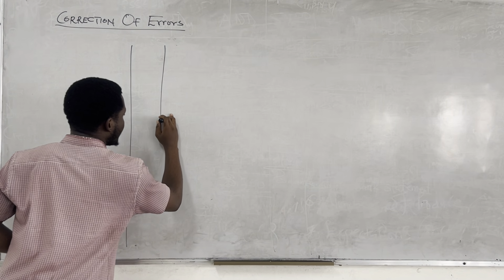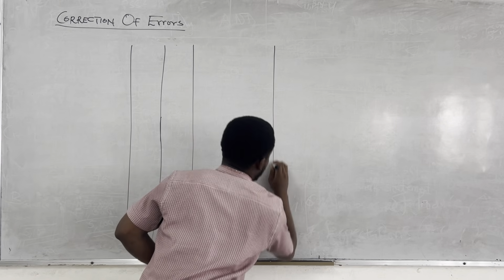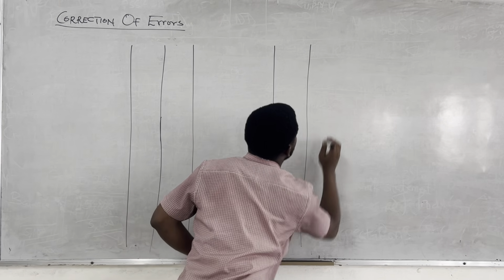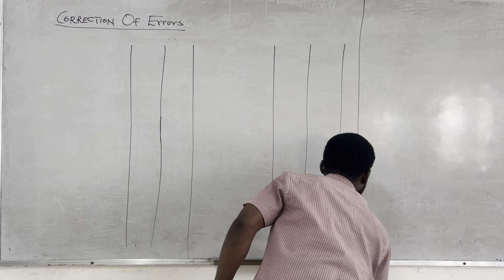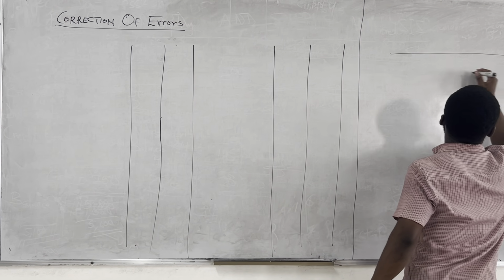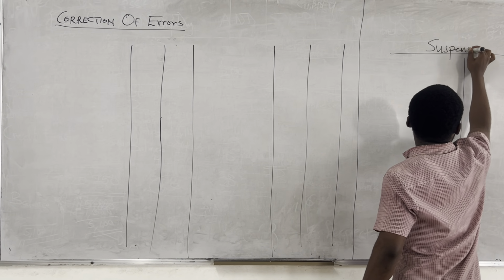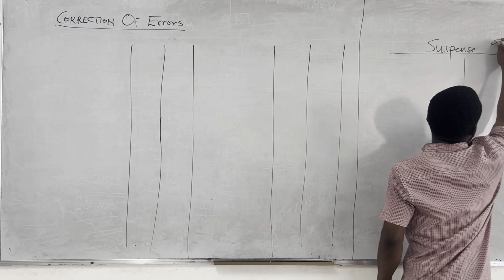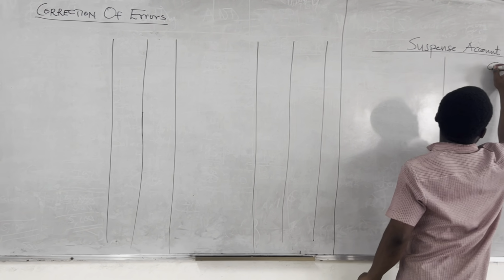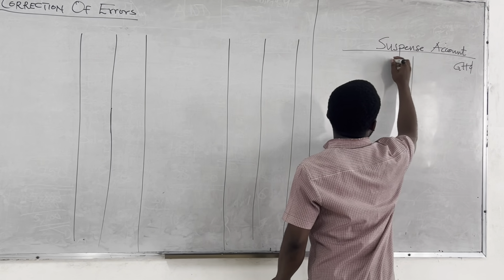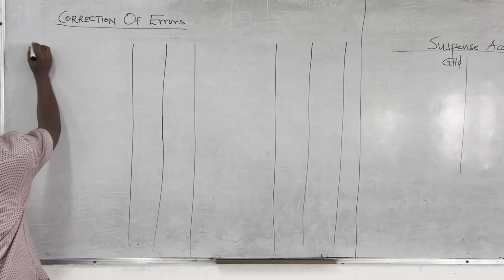Okay, so we have our suspense account here. So suspense account. We have our Ghana cedis here, and then our Ghana cedis also here. Now, let's come to the journal.